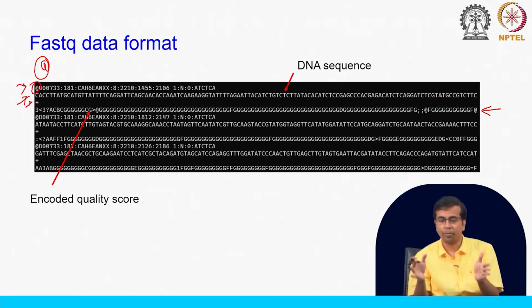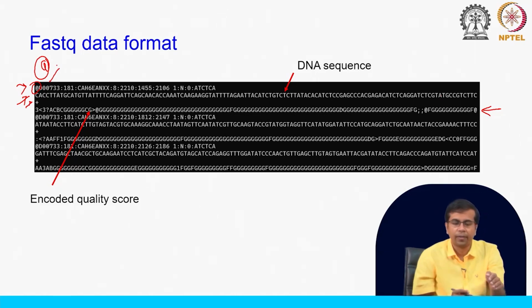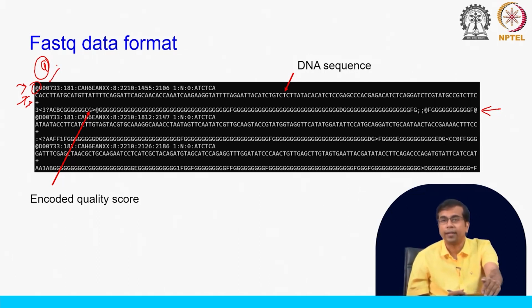So, this is a much more efficient way of storing this next generation sequencing data. You have the sequence along with the quality score in the same place. When you are reading this file, for every read with this identifier, you have the sequence data along with the quality score, just one after another.